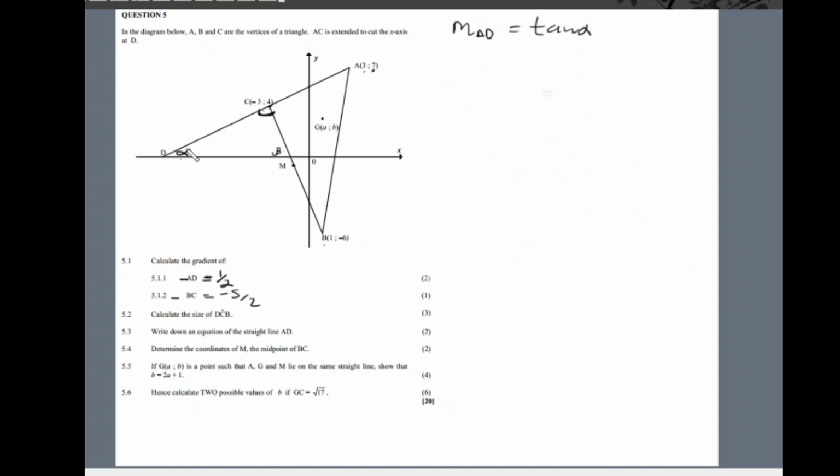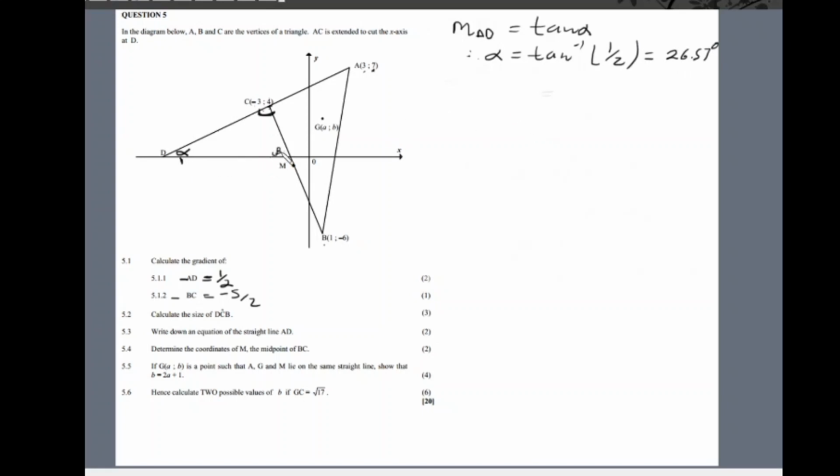So the angle alpha is equal to tan inverse of the gradient of AD. We calculated the gradient of AD to be 1 over 2. So alpha will be tan inverse 1 over 2, and if we punch in our calculator, alpha will be 26.57 degrees. So that angle there is 26.57 degrees.